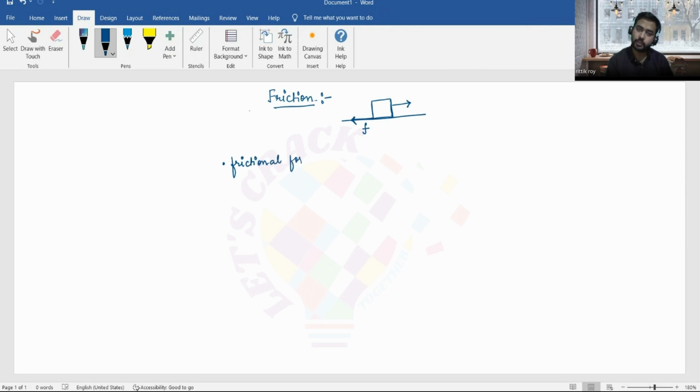Frictional force opposes the relative motion between the surfaces in contact.